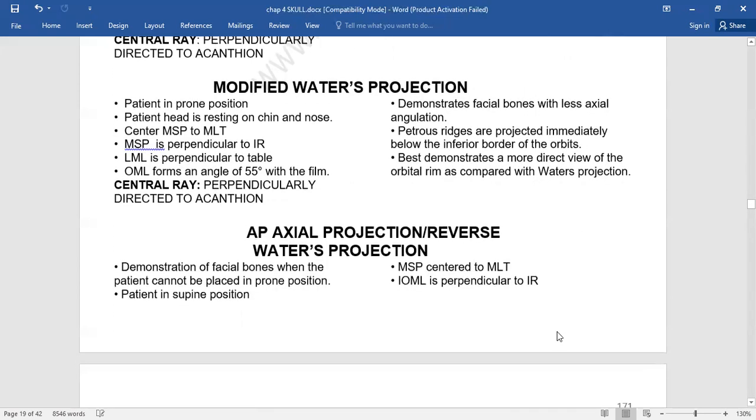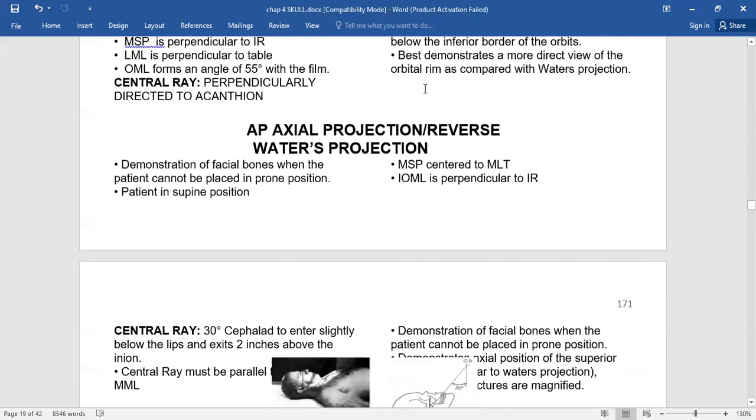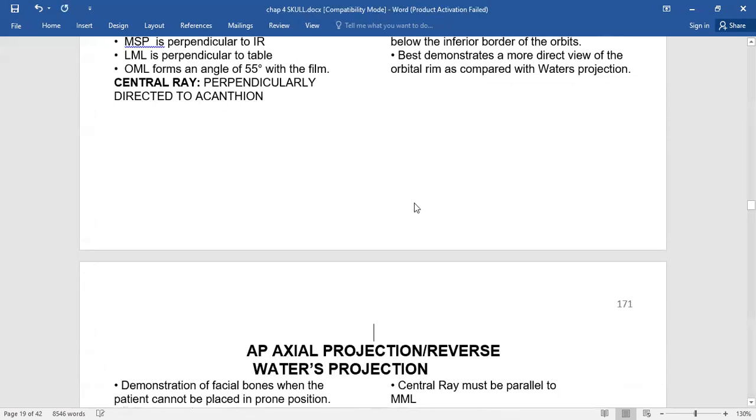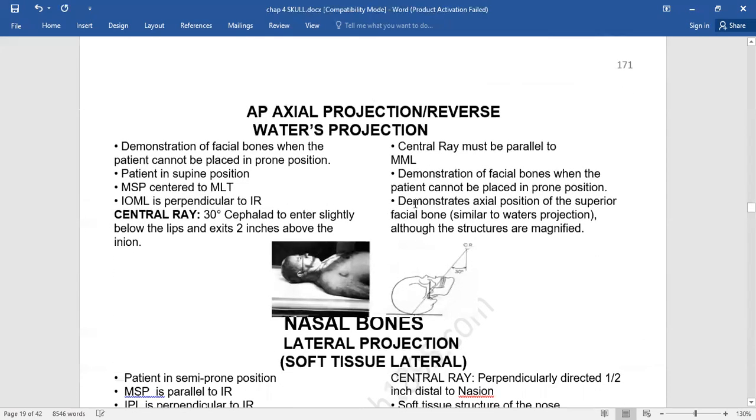We also have the reverse Waters projection. So sa reverse Waters naman, it is also referred to as the AP projection. This is to demonstrate facial bones when the patient cannot be placed in prone position.